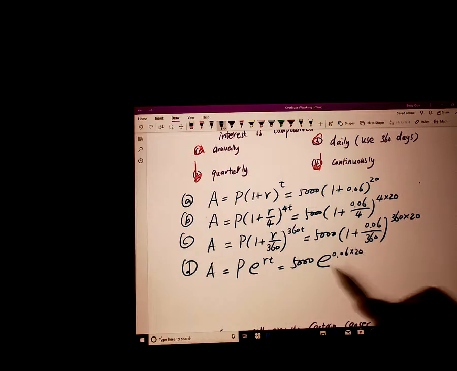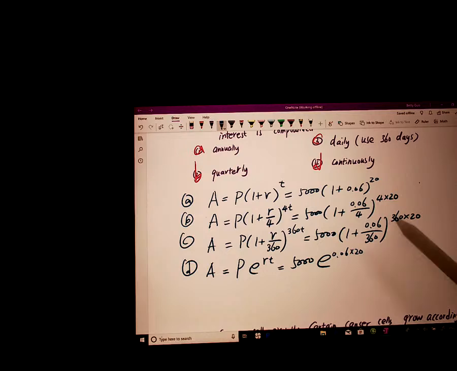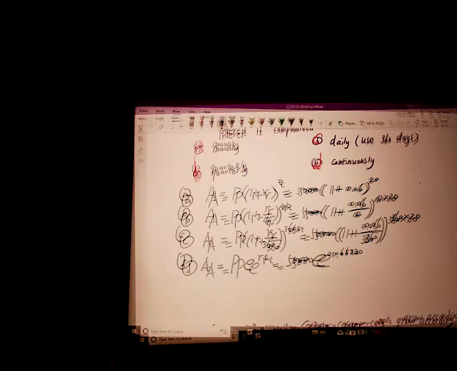So the exponent on the shoulder of e is 0.06 times 20. In previous videos, I have shown you how to evaluate those kinds of expressions using a calculator, so we are not spending time here. I have the final result in my notes, so look at the notes for the result.